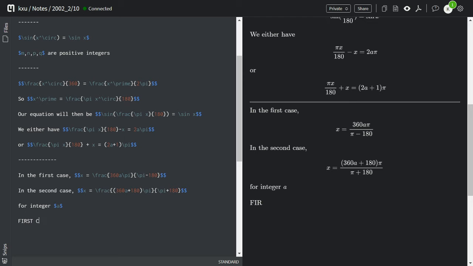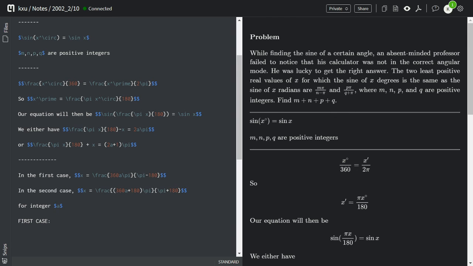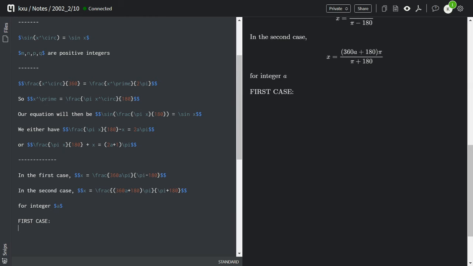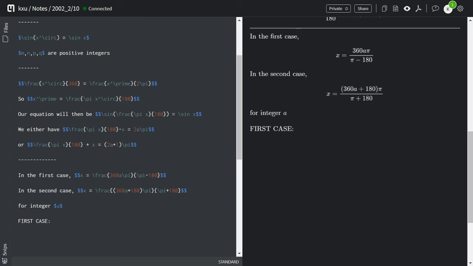So let's do that. And since we want the first two smallest positive real values, let's just compute the first two values of each family, so we're basically ensured that our two values lie in those four. So in the first case, a equals -1 gives 360 pi over 180 minus pi.